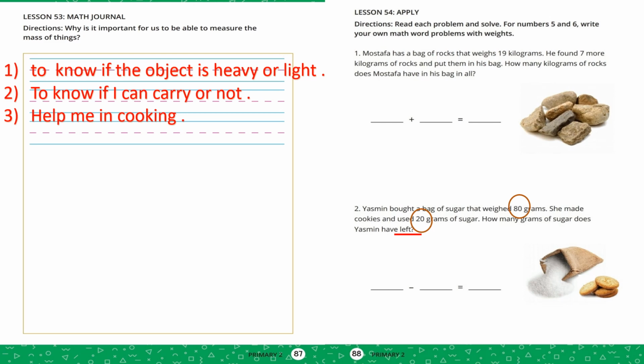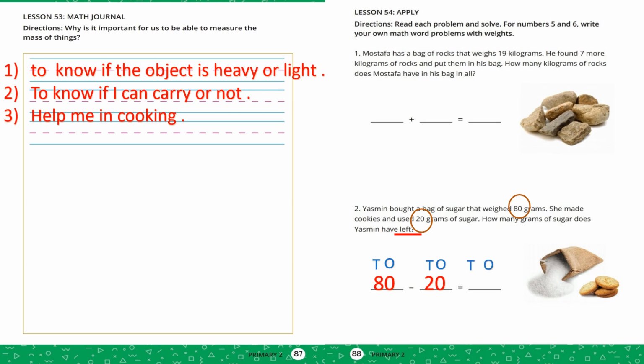Then you should write the greatest number first. Then we write 80 minus 20. To solve this, we have two ways. The first way is put the place above each digit. Ones and tens, ones and tens, and ones and tens.